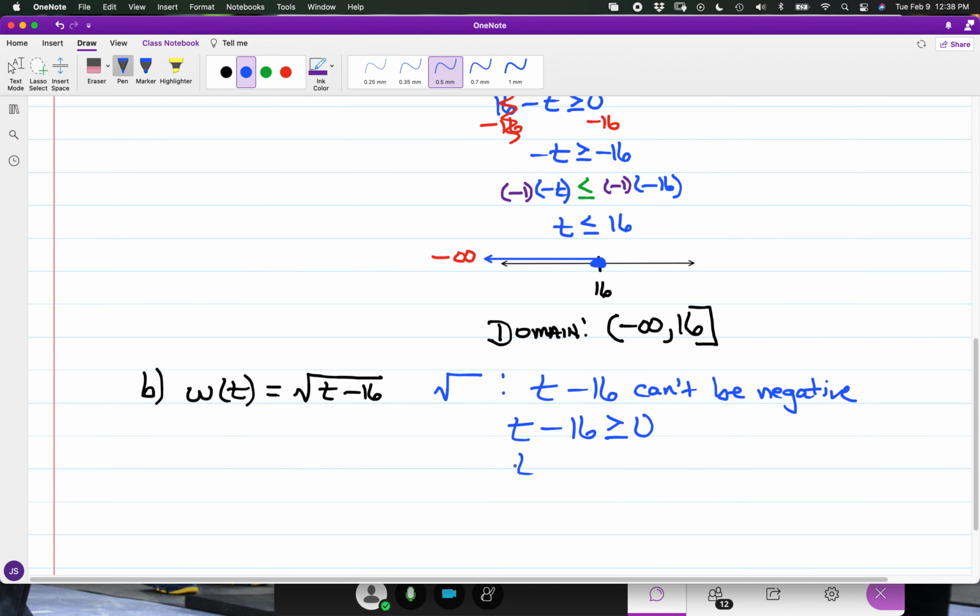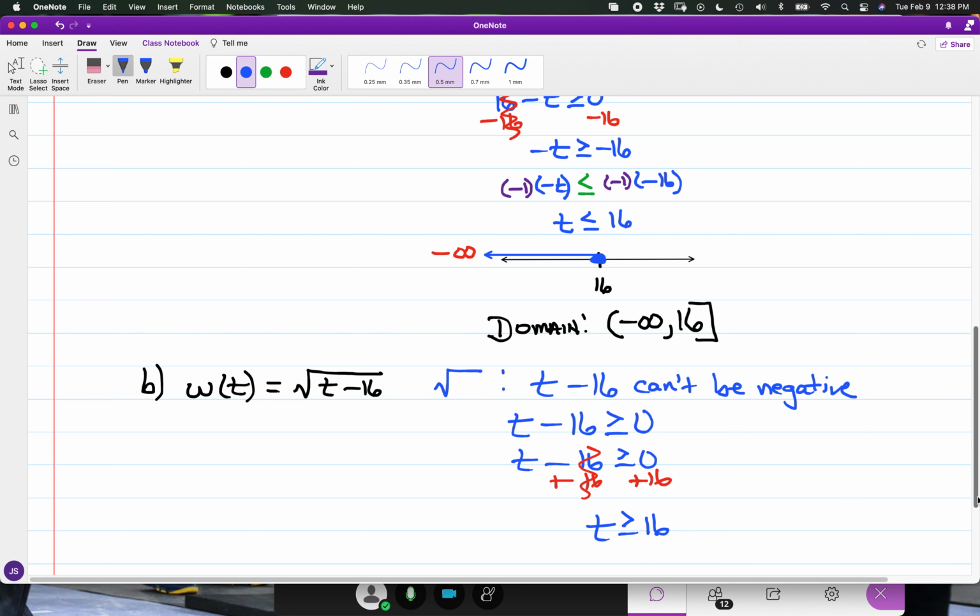So t minus 16 is greater than or equal to 0. And looking at isolating t, upon adding 16 to both sides, we have that t is greater than or equal to 16.